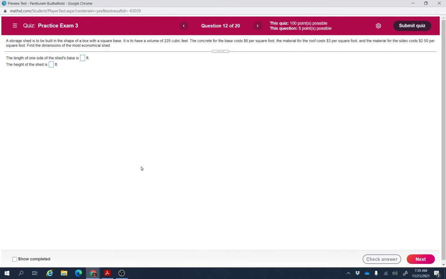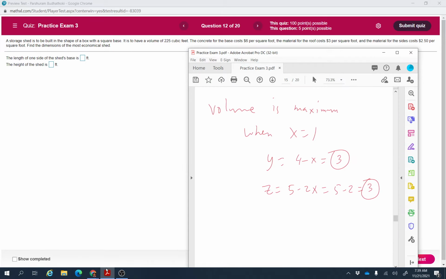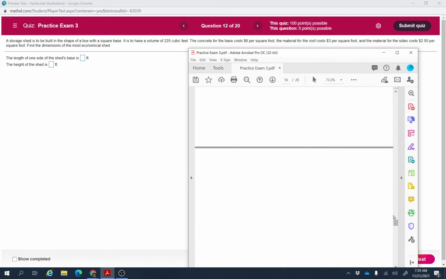Okay, this is another application problem. Again, we're going to do the same thing. We are trying to create a storage shed, and that will look like this. A storage shed is to be built in the shape of a box with a square base.